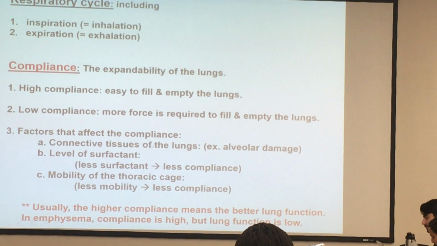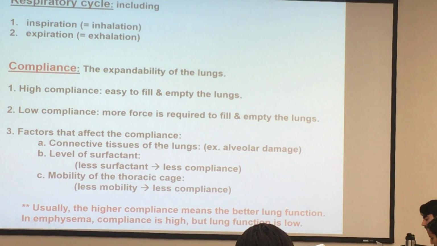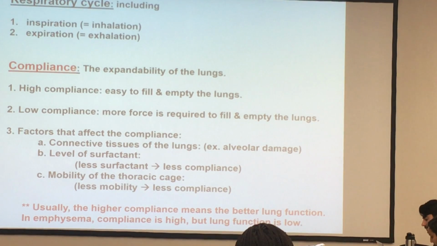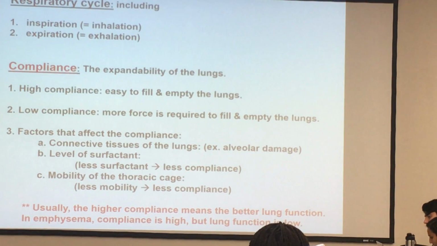And what factors will affect that? Connective tissue of the lung and any kind of alveolar damage will lower the compliance. Surfactant is also important. Surfactant sustains the alveoli and prevents collapse. So if surfactant is lower, then the compliance is also lower.